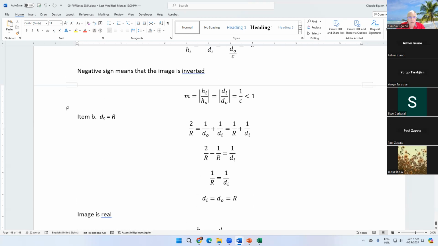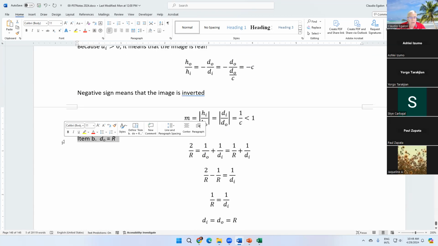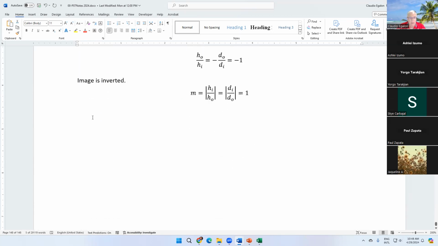And then we have the magnification. It's going to be exactly equal to 1. That's item B. What about item C, right? Item C is going to be D naught less than R, greater than F.